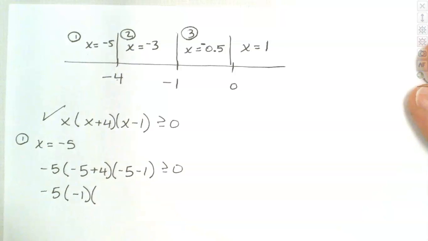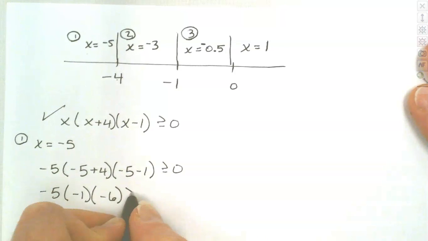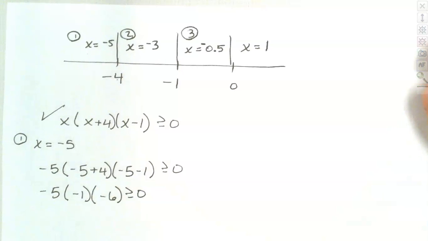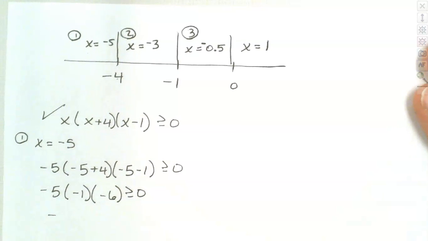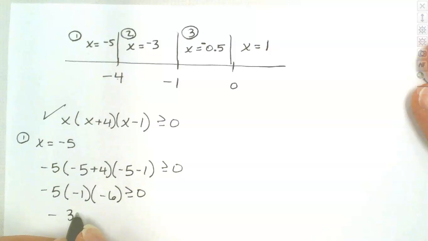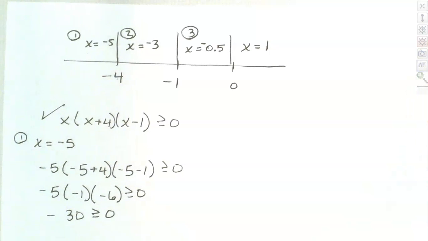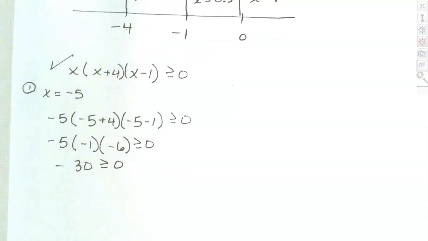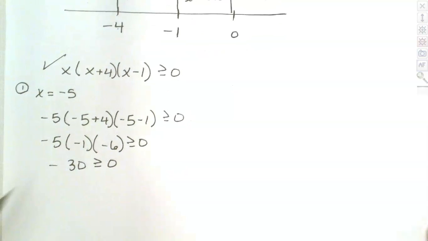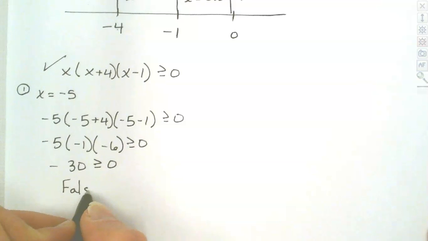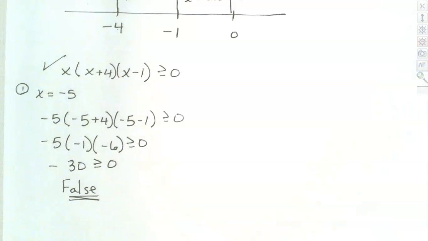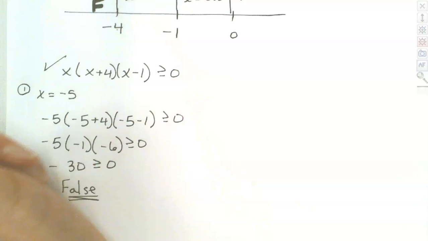Minus 5 minus 1 makes it a minus 6. 3 negatives keeps it negative. So that's going to be a negative 30. And is negative 30 bigger than 0? No, negative 30 is not. So that means region 1 is false.